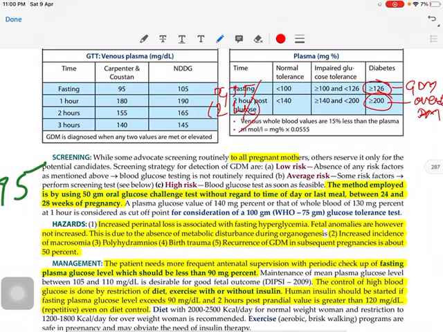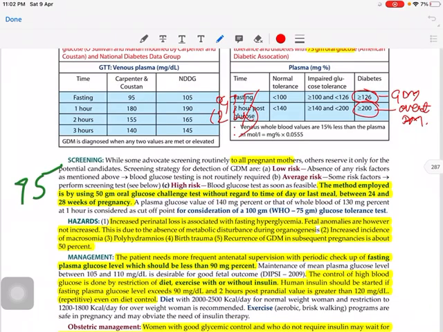So this screening should be done for all pregnant women. The method employed is that we give 75 gram oral glucose without any regard to the time of the last meal, between 24 to 28 weeks of pregnancy. So we don't care if the patient is nil per oral or had a meal previously.